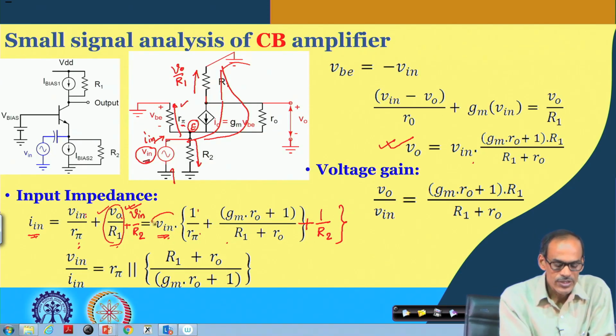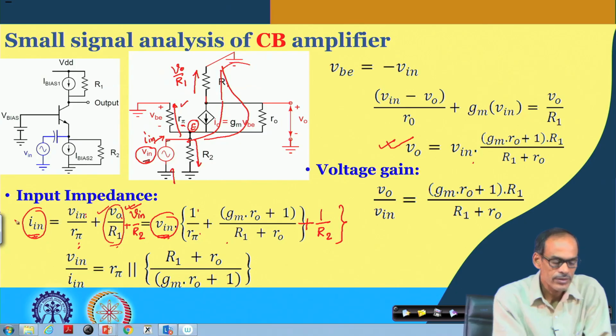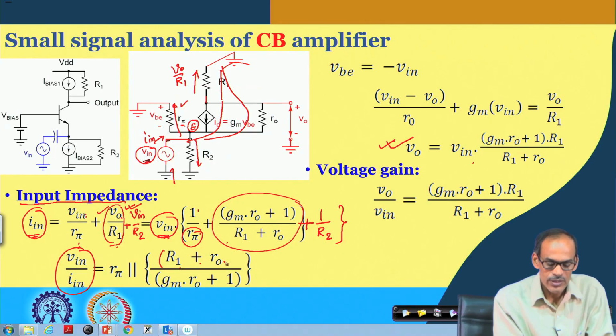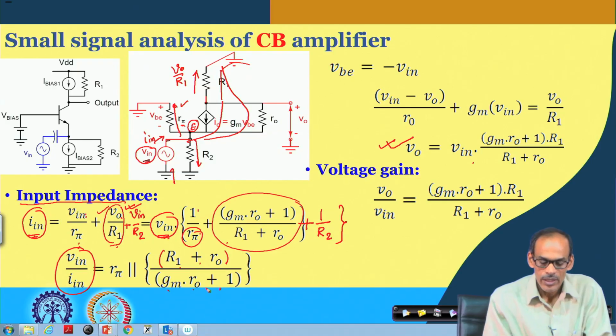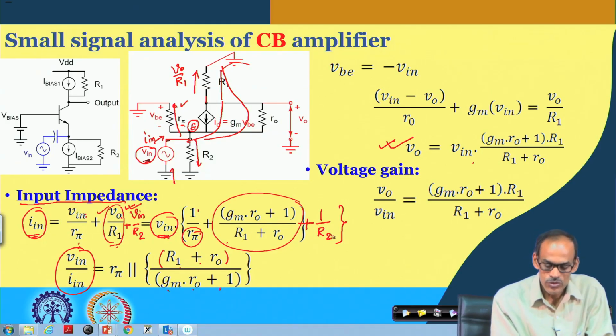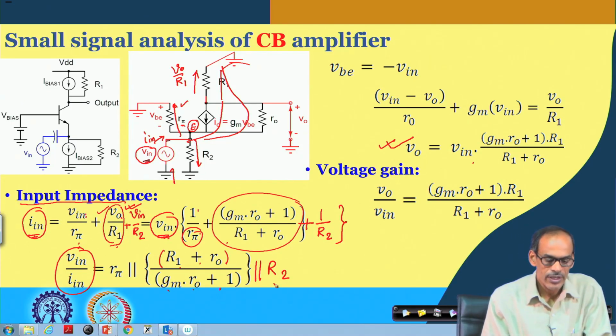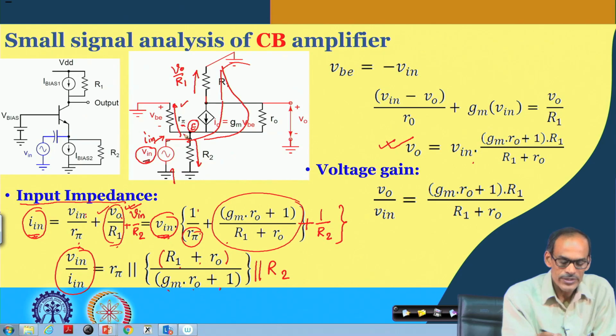If I take the ratio of V in and I in to get the input impedance of the circuit, what we get here is R pi in parallel with the impedance R 1 plus R o divided by G m into R o, and then of course we have this R 2. In fact, if you look into this circuit carefully, the input impedance has three parts.